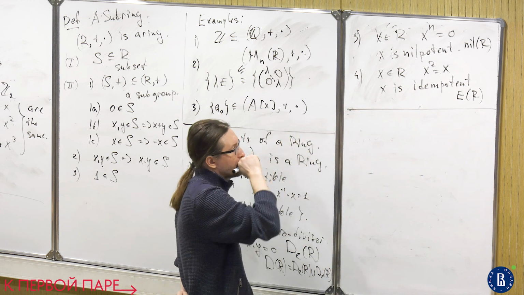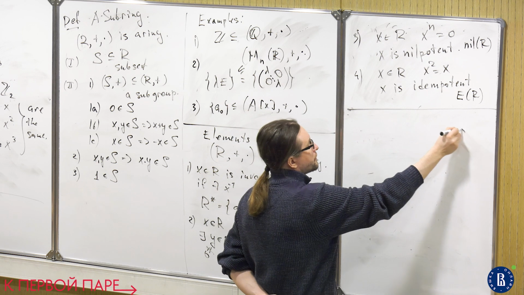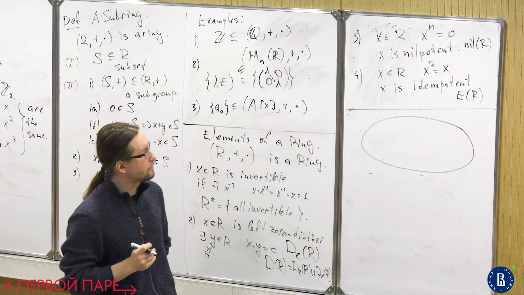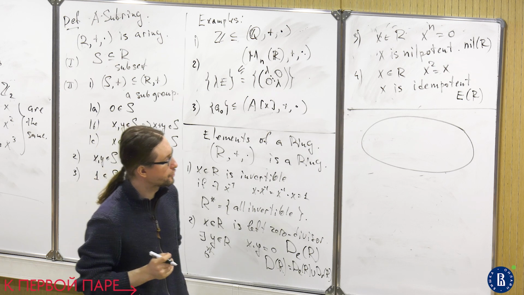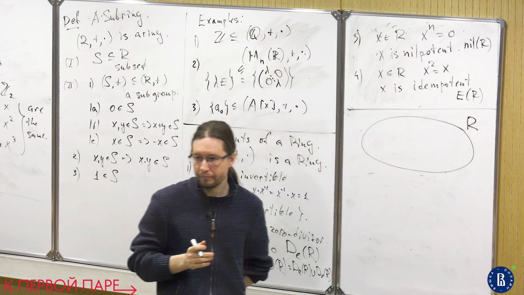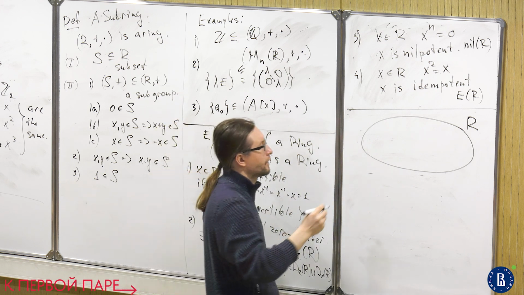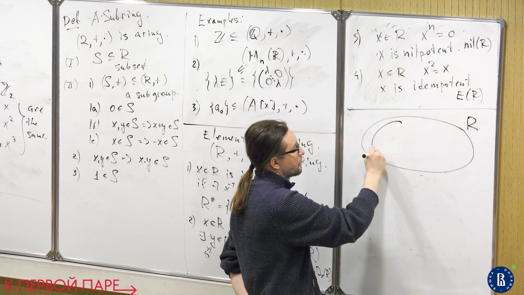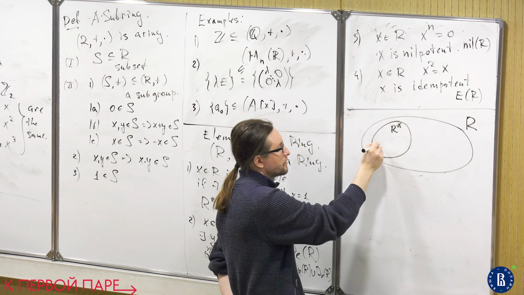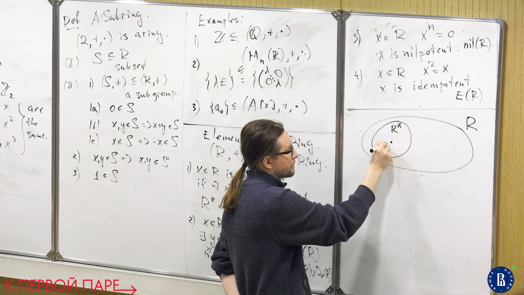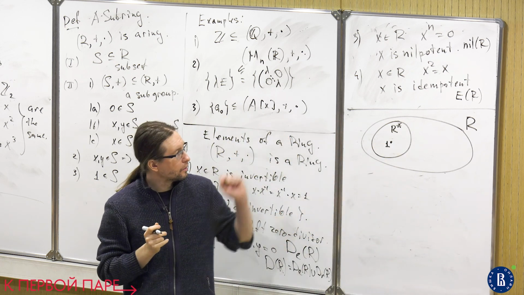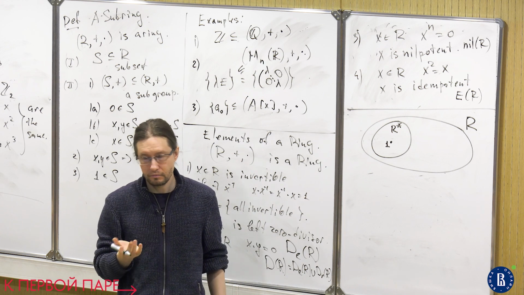Now, let me draw a picture explaining how these different types of elements are related to each other. Suppose we're given this set R. Here we have a subset of invertible elements, and this subset always contains the element 1, because 1 is always invertible.